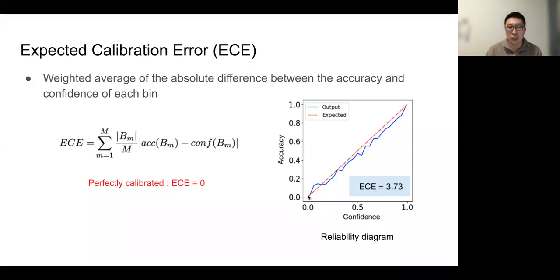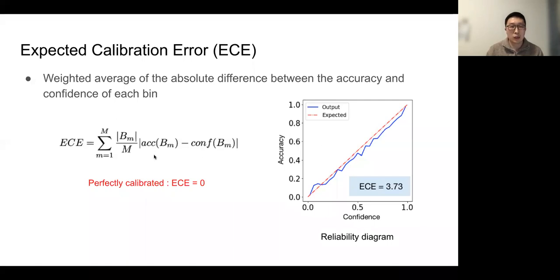For perfectly calibrated models, which means that accuracy is equal to confidence, the curve is exactly the diagonal line, the dashed red line. And usually the real model's line looks like this one.